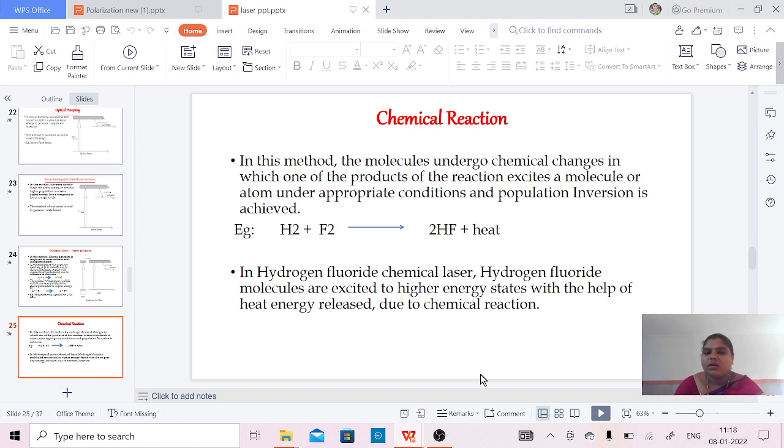Here we are using a mixture of gases, a mixture of atoms. In a hydrogen fluoride chemical laser, hydrogen fluoride molecules are excited to a higher energy state with the help of heat energy released due to the chemical reaction. Due to the chemical reaction, heat is produced, and by using that heat energy, those atoms are excited.